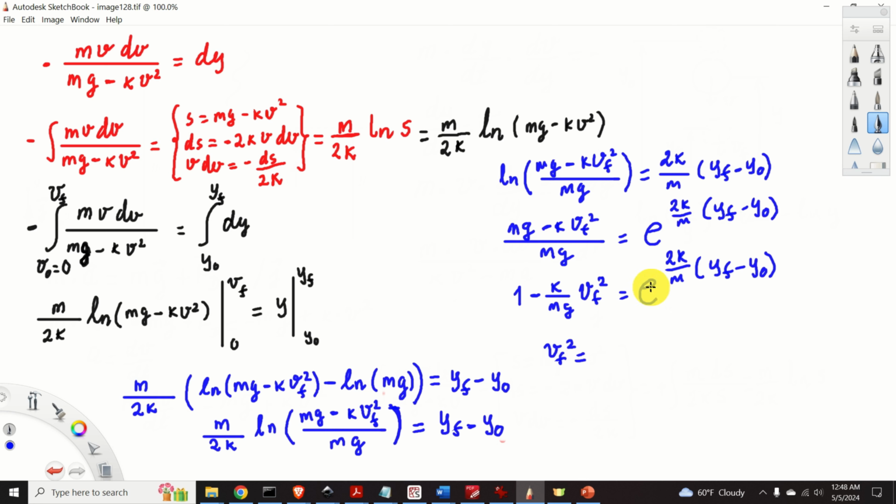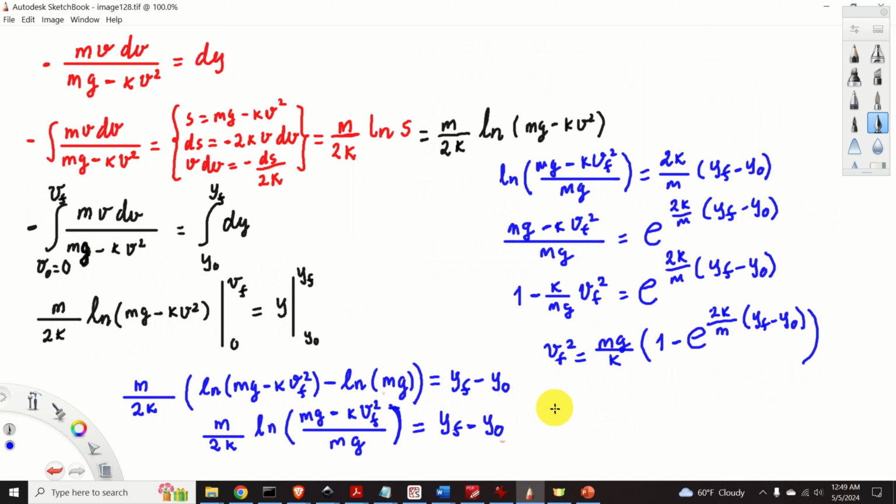Now, e goes on this side, and this term goes on this side, and we divide the result on the left-hand side by mg over k. Consequently, vf squared is mg over k multiplying 1 minus this guy over here, e to the power 2k over m. Let me write m nicely over here, (yf minus y0).